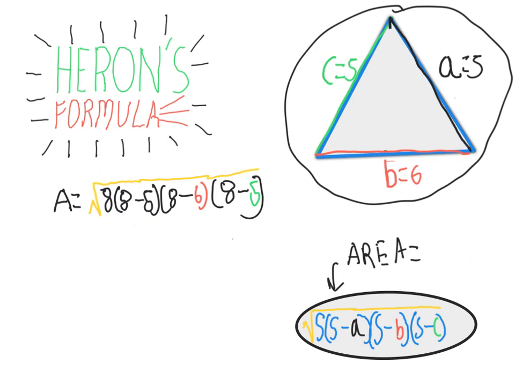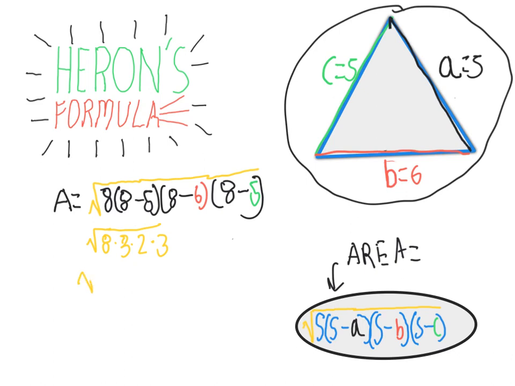So solving this equation, we have the square root of 8 times 3, because 8 minus 5 is 3, times 2, because 8 minus 6 is 2, times another 3, because we have another 8 minus 5.